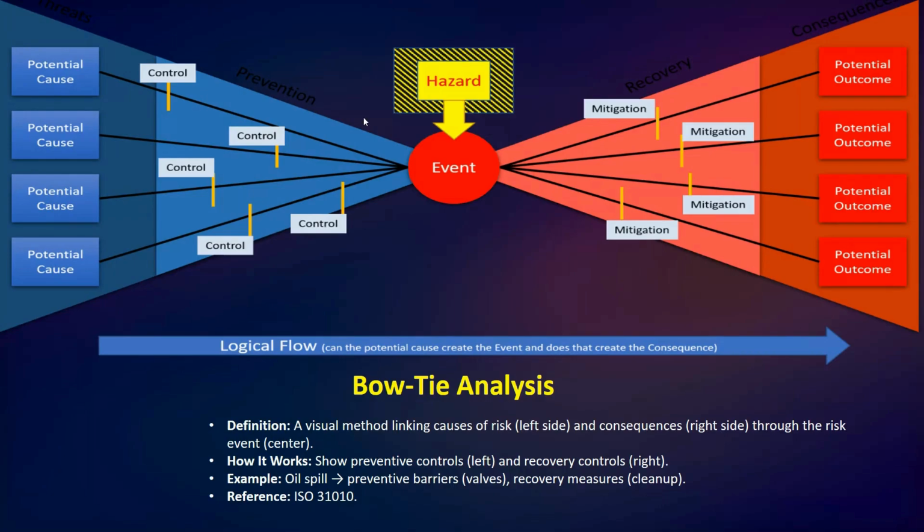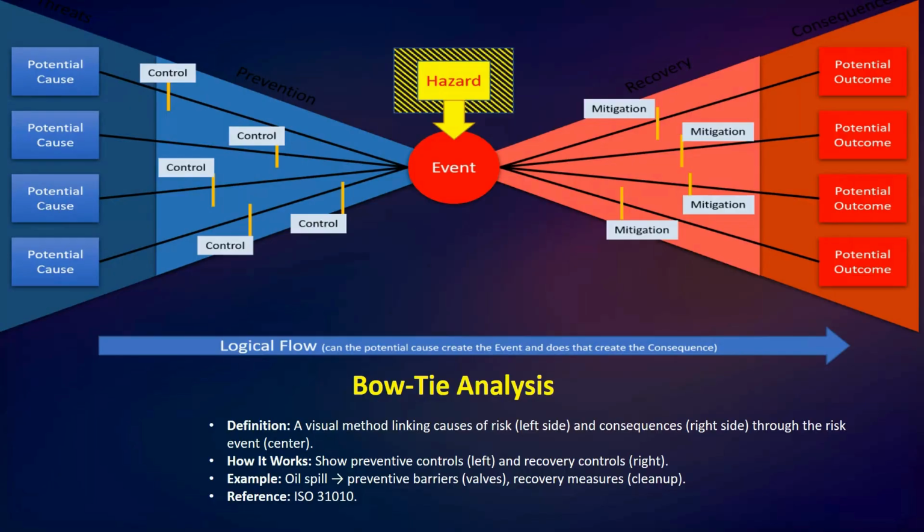Okay, so in the middle we have the knot. Here we will have the main risk event. Okay, so under definition, you can see a visual method linking causes of the risk on the left side and consequences on the right side through the risk event in the center.